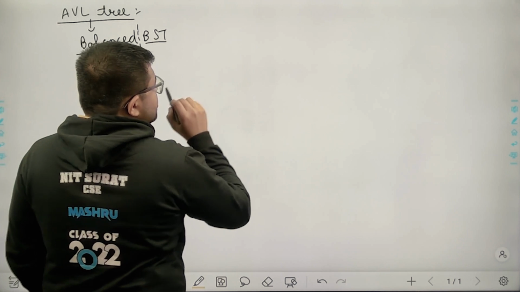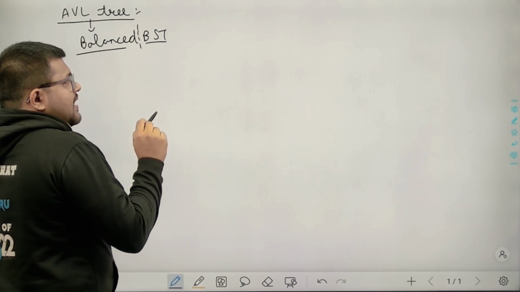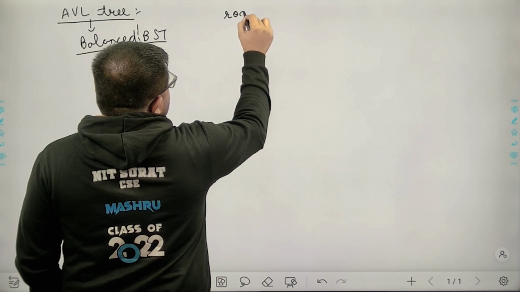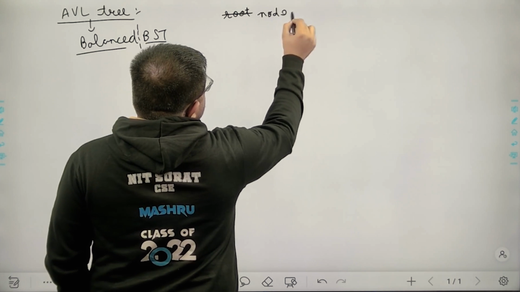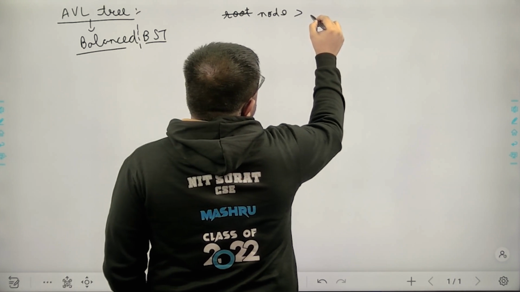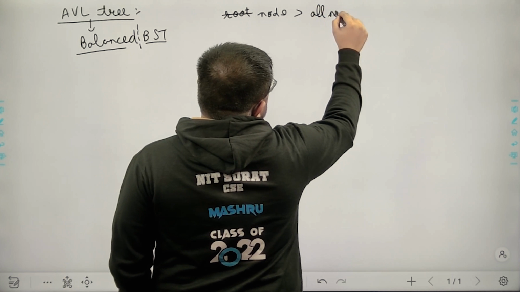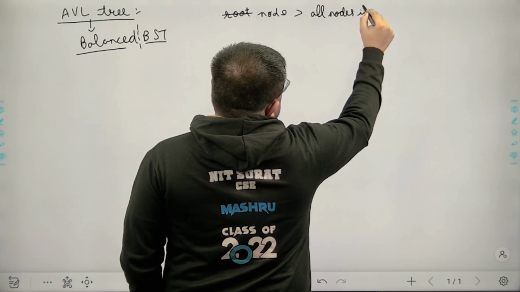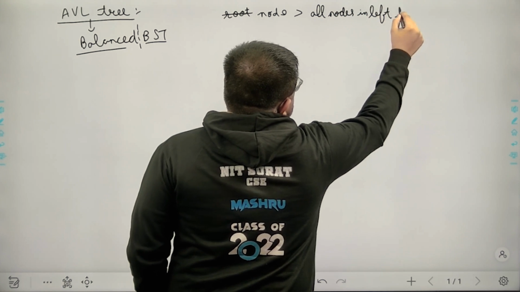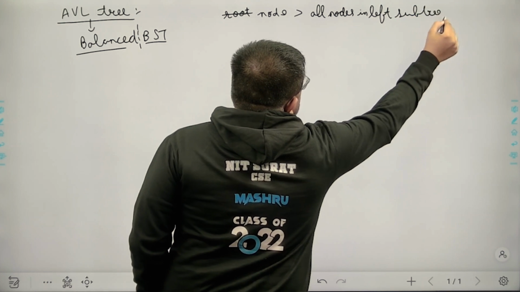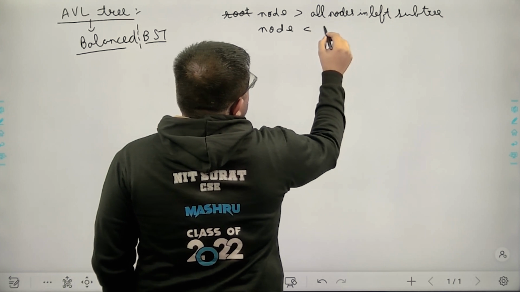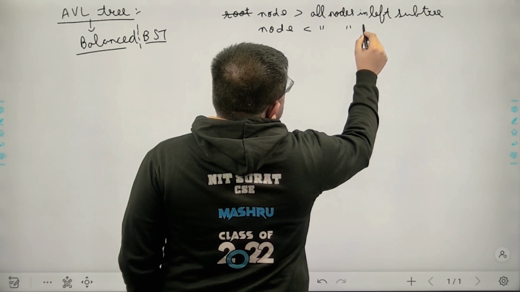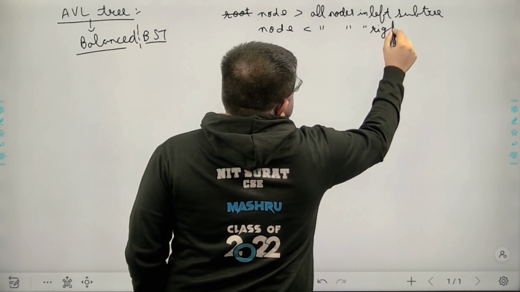A binary search tree is a binary tree in which the value of any node is greater than the values of all nodes in the left subtree, and the value of the node is less than all node values in the right subtree.